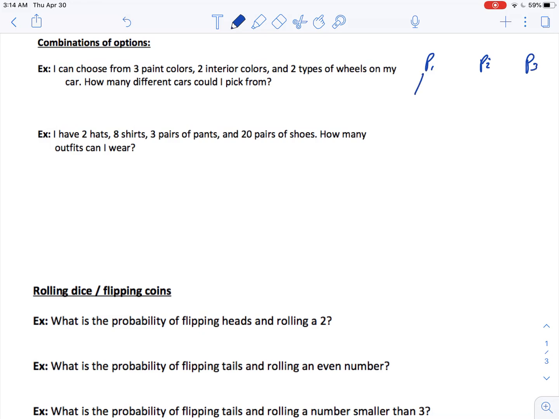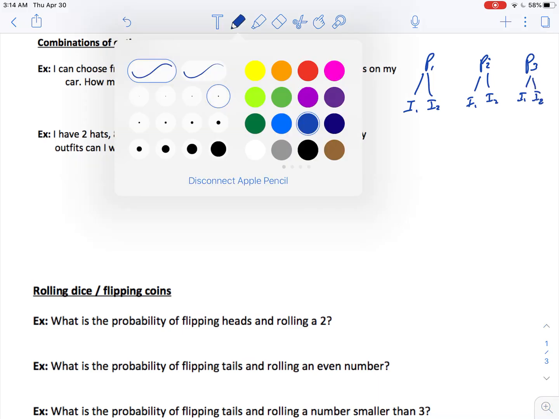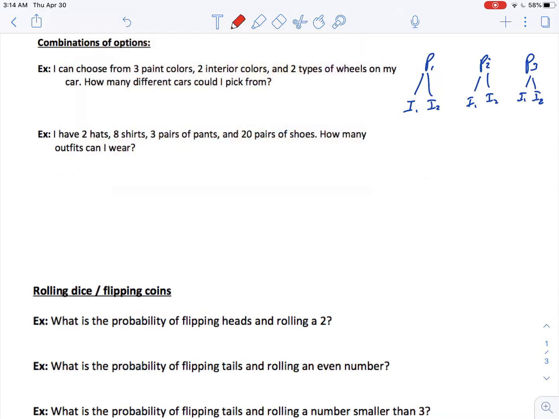So here's interior 1, interior 2. And with each interior color, I can have 2 types of wheels. So wheel 1, wheel 2, wheel 1, wheel 2.